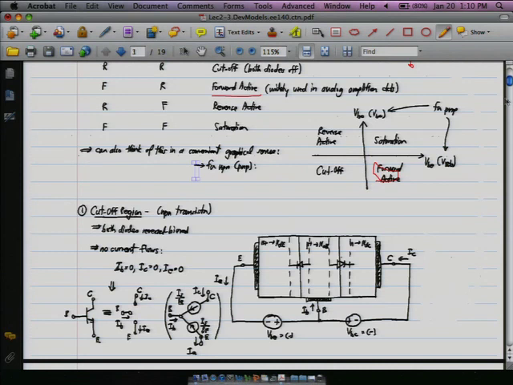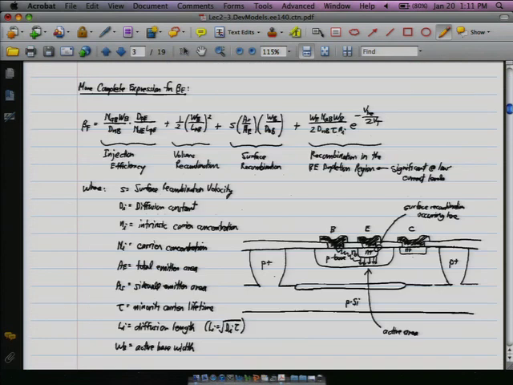So the thing basically with the injection efficiency is that it's the ratio of carriers that are coming from the emitter versus coming from the base. Here we're looking at what's going on in the base. We'll call this X. Here it's the carriers from the emitter.